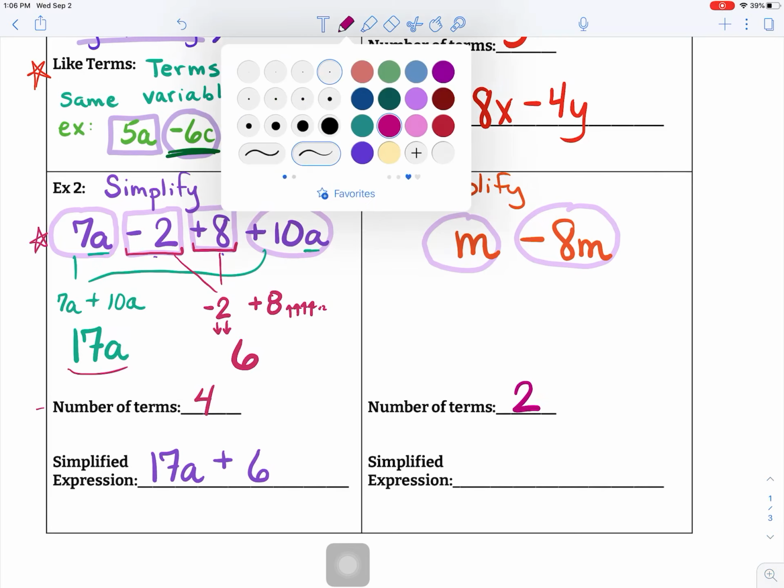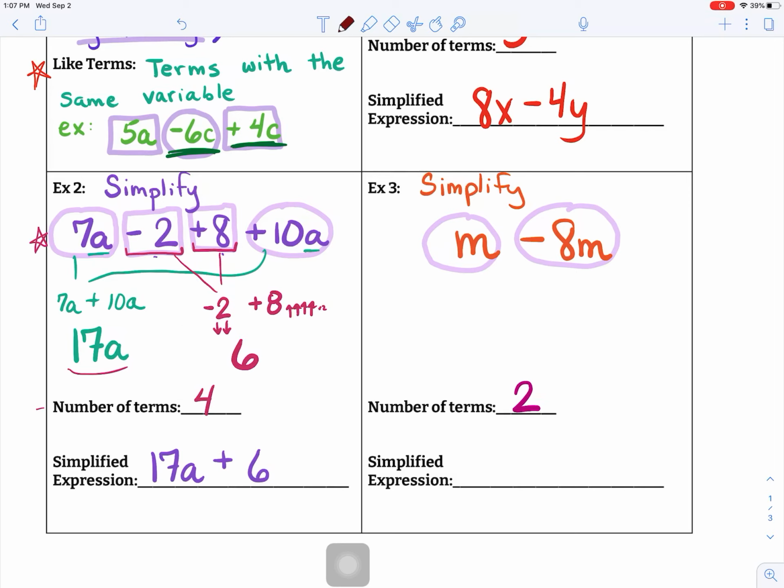Now, what gets a little bit complicated about this one is when we think about the coefficients. Now it's hopefully clear to you why it's important what a coefficient is, right? Because a coefficient would be that number in front of a letter, and it tells us how many of that variable we have.